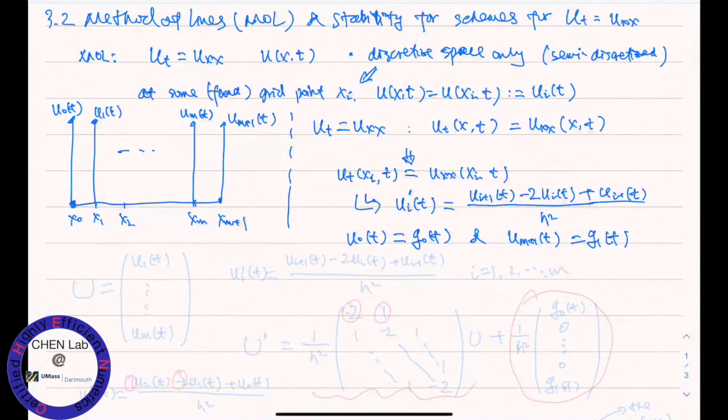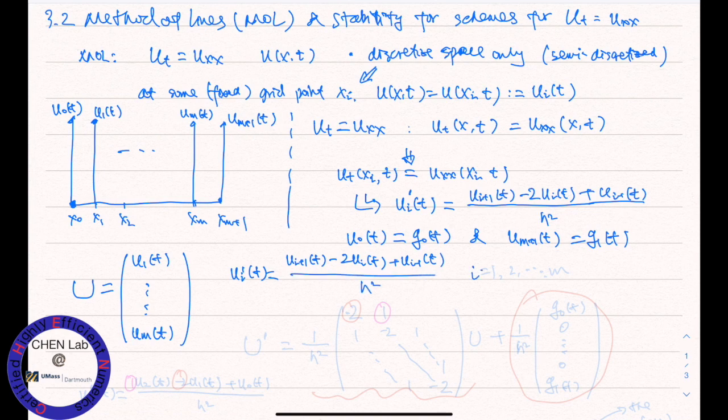If we call this ODE system capital U, we have U_1(t) and so on, all those unknown t-dependent functions, put together. Then u_i'(t) equals u_{i+1}(t) minus 2u_i(t) plus u_{i-1}(t), divided by h squared, where i runs from 1 to m, so we have m equations.